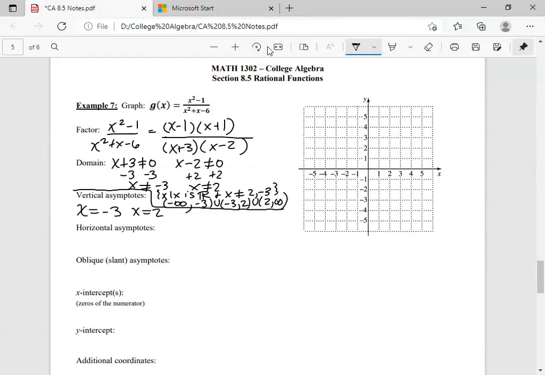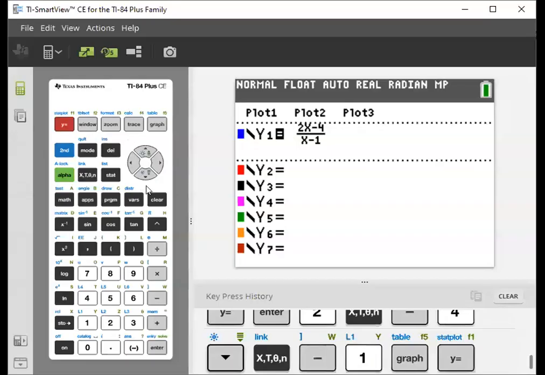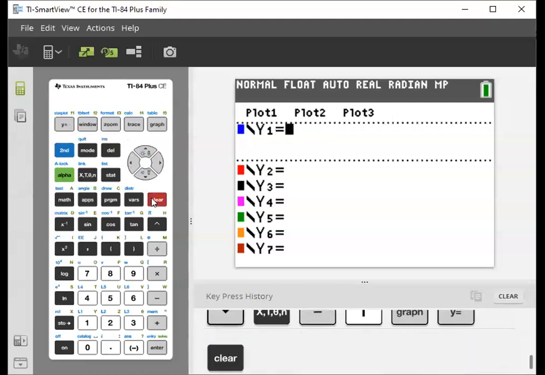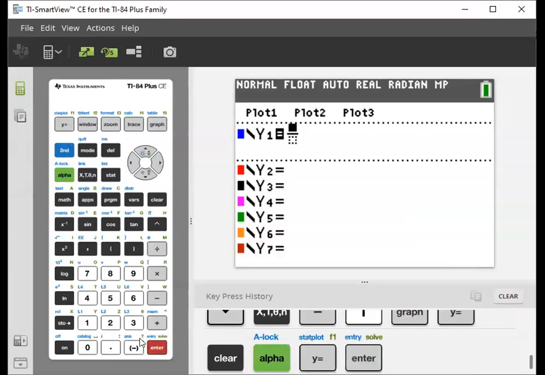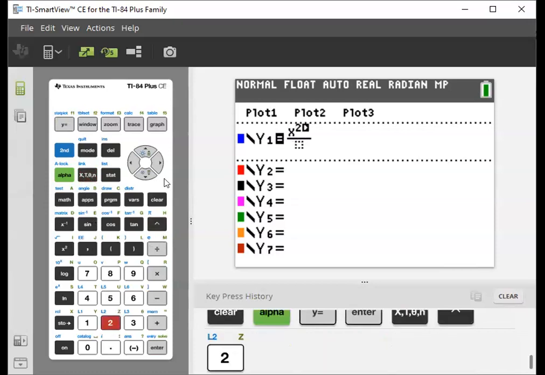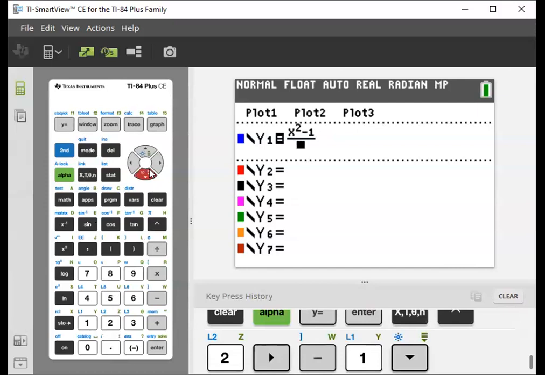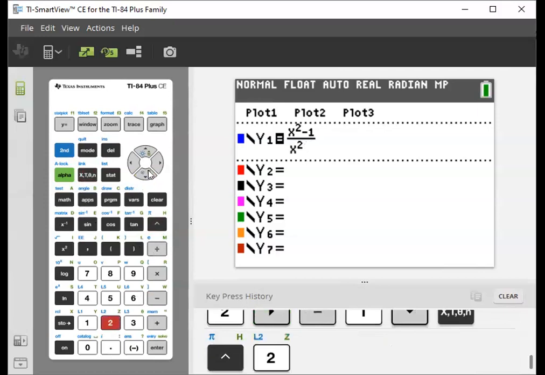At this place, I like to go to my graphing calculator just to make sure that I have factored correctly. So I go ahead and plug in the original equation, the x squared minus 1 over x squared plus x.